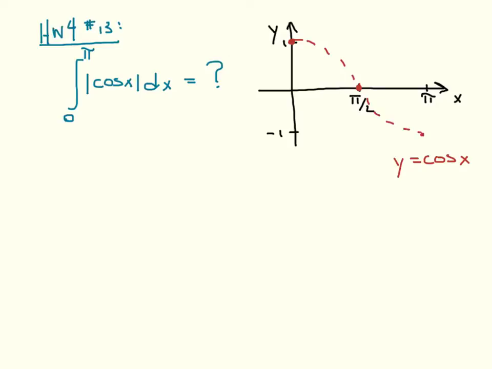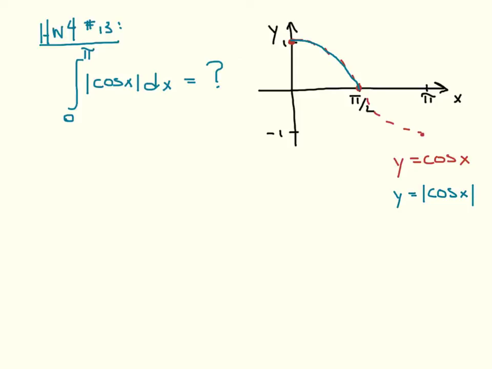And now what happens when we take the absolute value of that? So when we take the absolute value of any function, we're taking all the positive stuff and keeping it positive, and all the negative stuff and making it positive, right? So I'm just going to graph right over the red line here. From 0 to pi over 2, absolute value of cosine and cosine look the same.